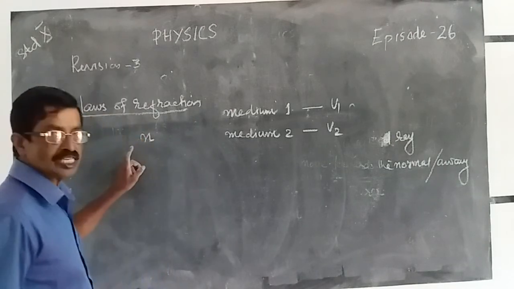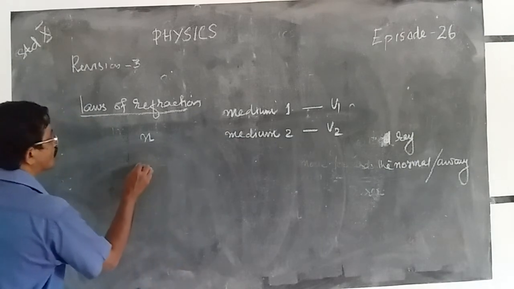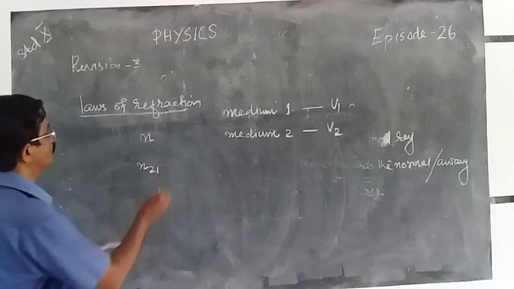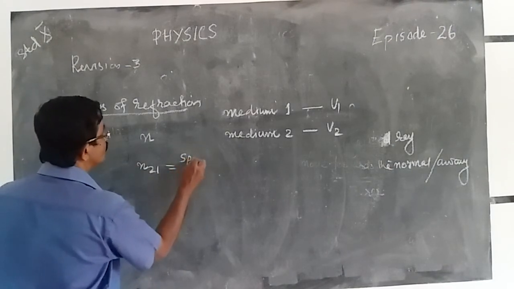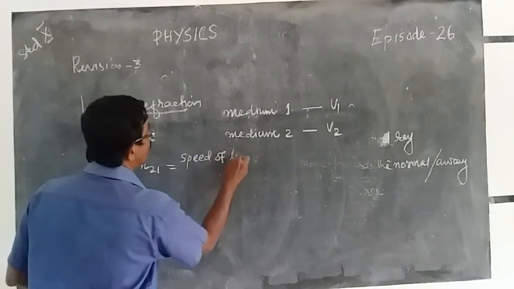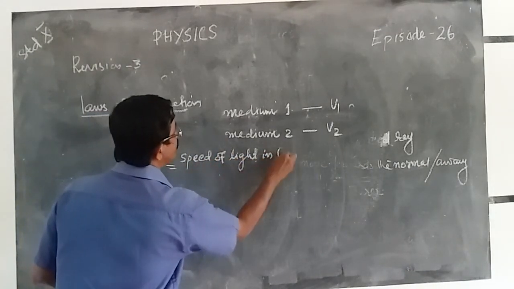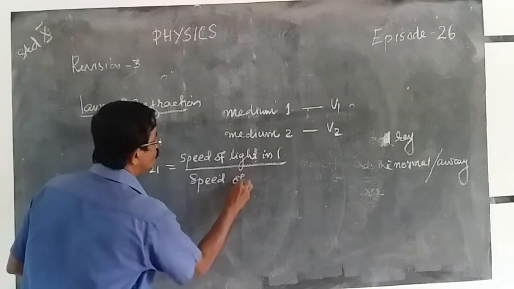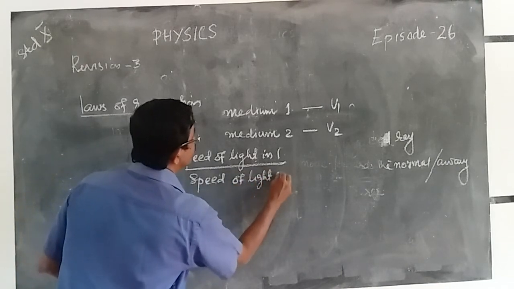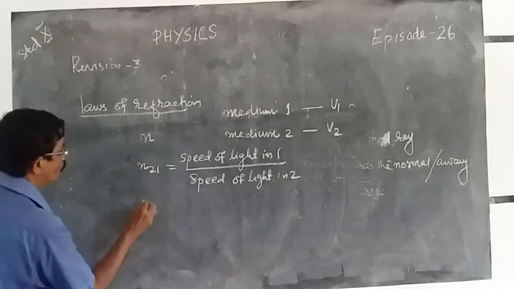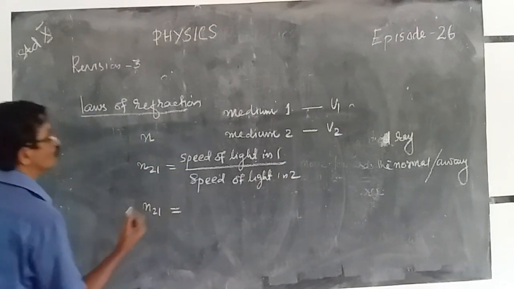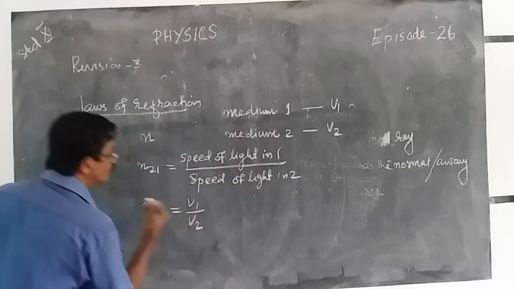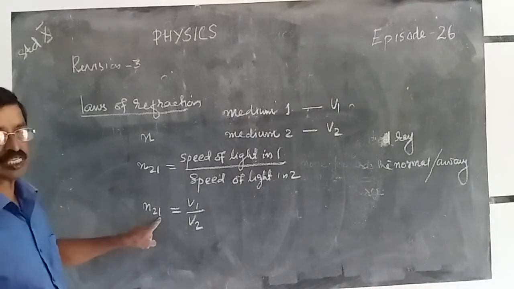Now, the refractive index of the second medium with respect to the first, that is n21, is equal to the speed of light in the first by the speed of light in the second, that is v1 by v2.